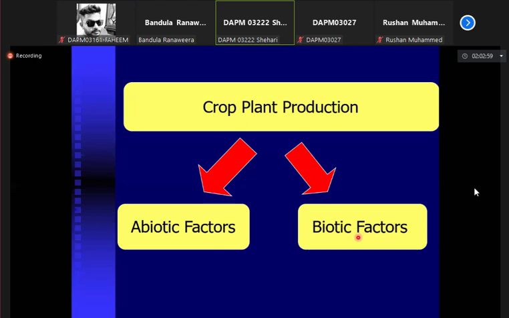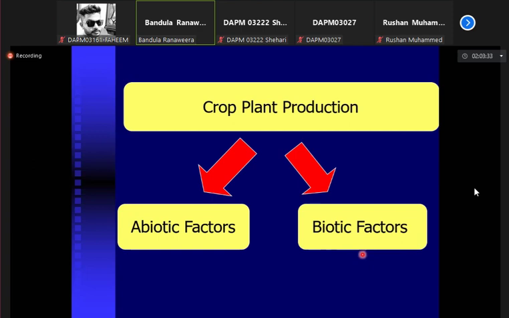Nitrogen fixing. Pardon me? Nitrogen fixing, micro, meso, macroorganisms. Yes, now we are considering, you are correct, it is a biotic factor that is affecting crop growth. At present, we are considering the factors that are creating hazards, damages to crop plant production.